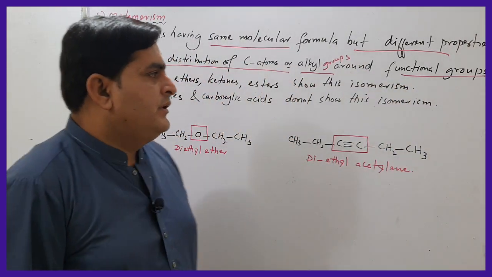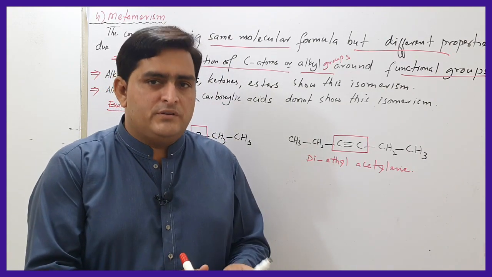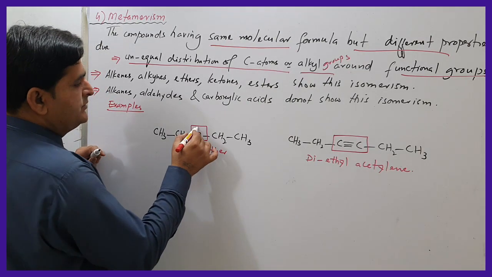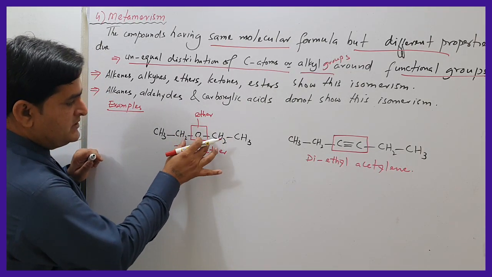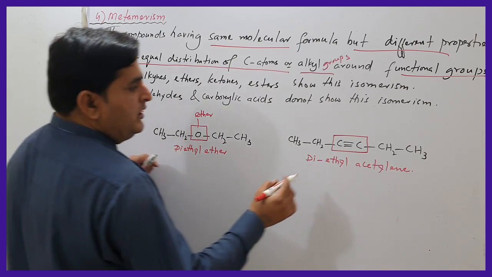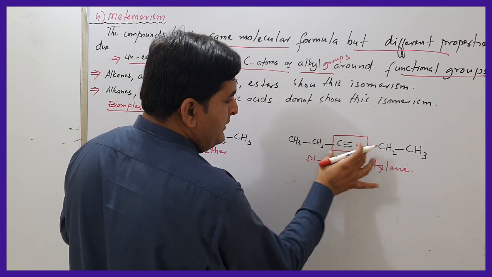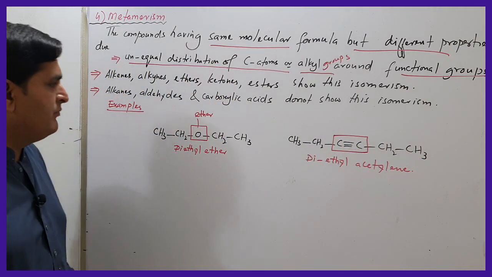If we have a multivalent functional group in the mid of the carbon chain, such as here the ether is in the middle of the chain and oxygen is divalent. Here the triple bond is in the middle of the chain, and this is an alkyne.